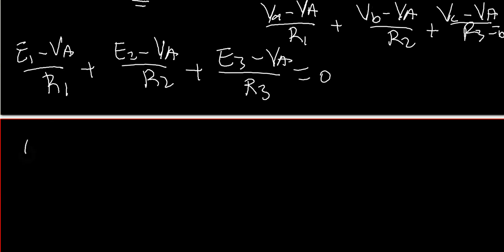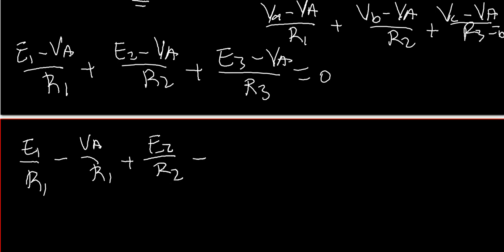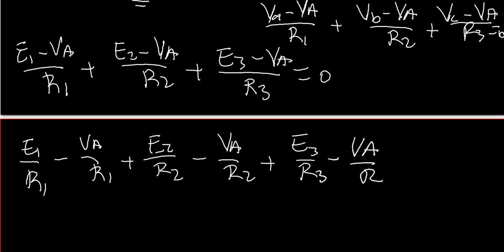We are going to have E1 on R1 minus VA on R1 plus E2 on R2 minus VA on R2 plus E3 on R3 minus VA on R3, all equal to 0.